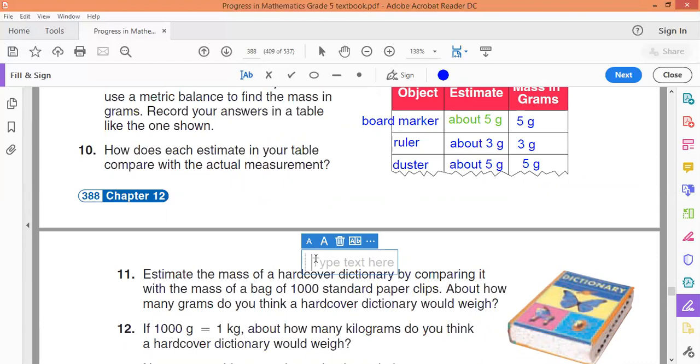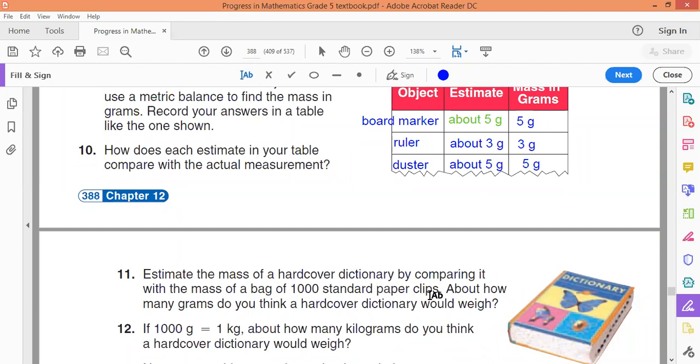About how many grams do you think a hardcover dictionary would weigh? 500 grams, or 1,000? Listen to me.